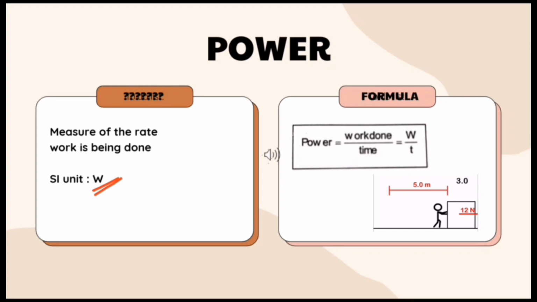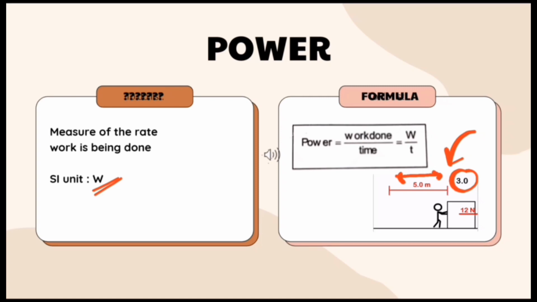As for the illustration below, we can see that someone is pushing a block with some force in 3 seconds, and the distance when he pushed the block is about 5 meters. So when we are calculating the power, we should have the distance, force, and time.